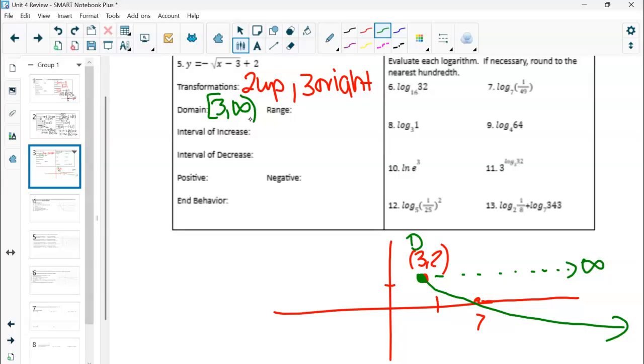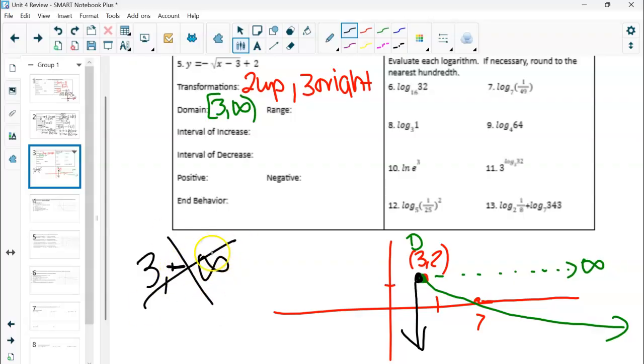Now, for range, if I'm talking about range, I would think I would say 2 down, right? That is correct. We would say 2 to -infinity, but the way that we read it is -infinity to 2. Okay, because for range it's 2. So we are going to stop at 2, but we're coming from -infinity.